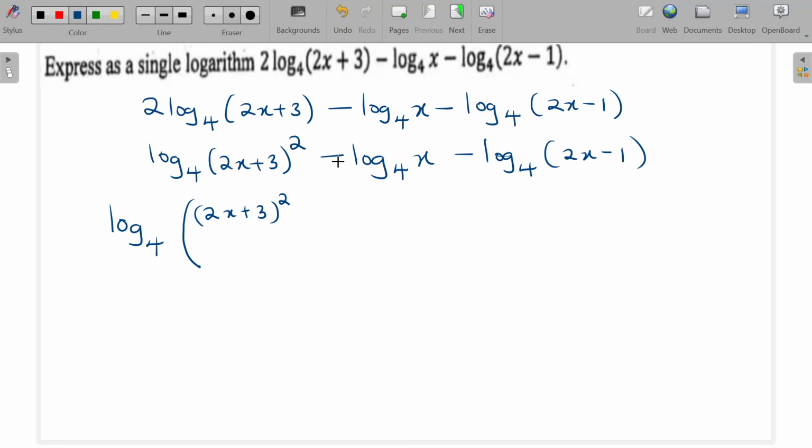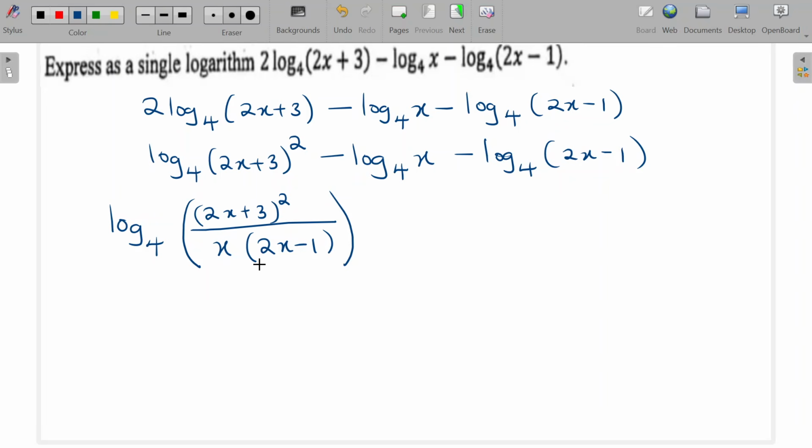Then if it is minus, it is in division, so the minus log x means you put the x at the bottom. Then again it is minus log base 4 of (2x - 1), so the (2x - 1), which is in brackets, is going to be in the denominator. That is what it just means.